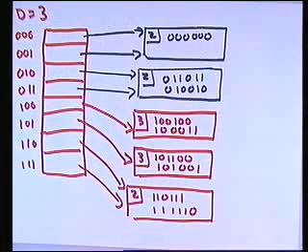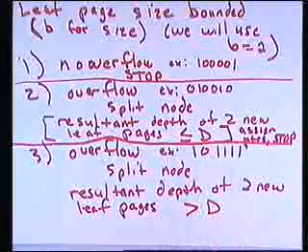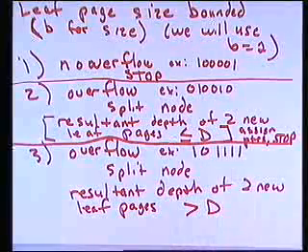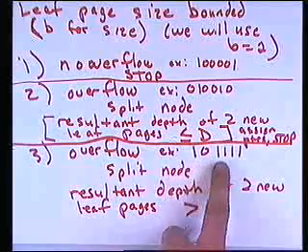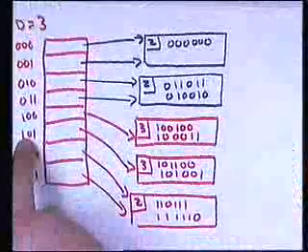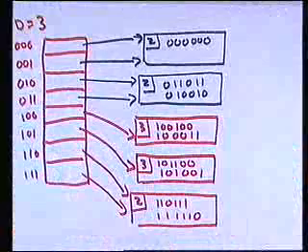That said, now let's look at the third case. Our third example, we said we insert 101111. So again, we hashed some key to get that bit string, check the prefix, it's 101, go to our table, follow the pointer to that leaf page, and dump the key in that leaf page.